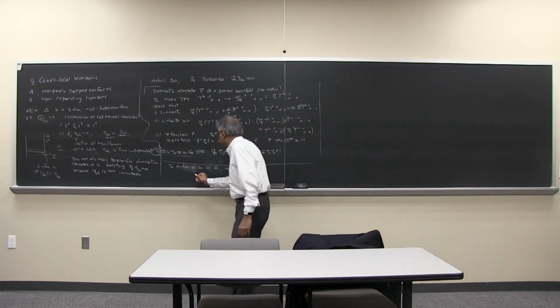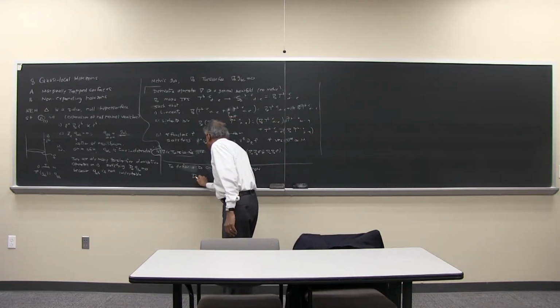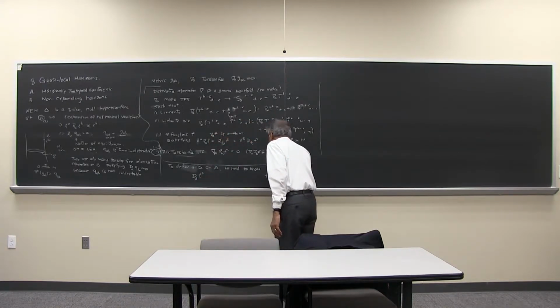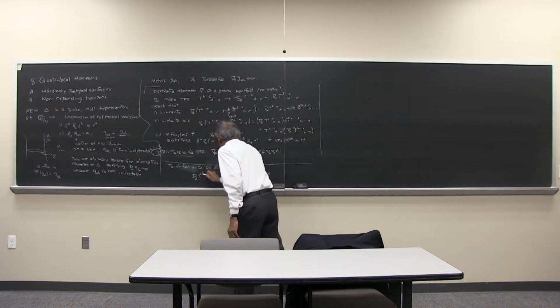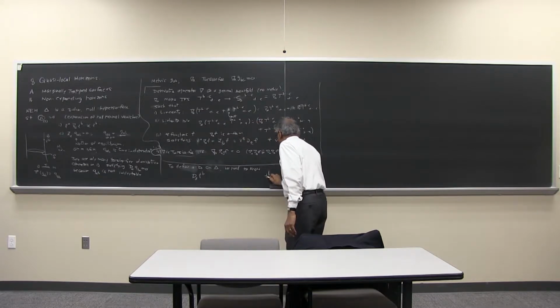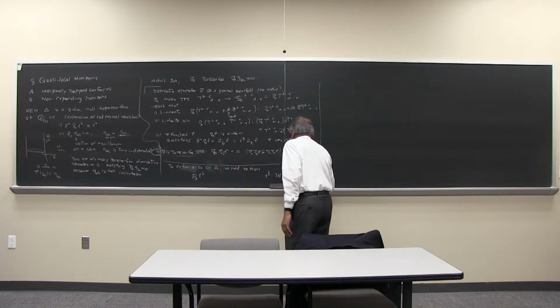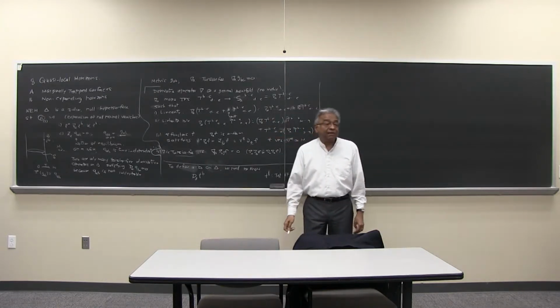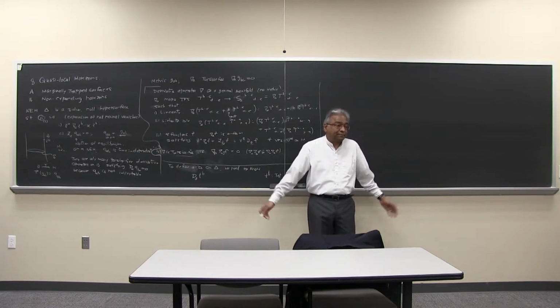Then the next thing that we need to know is how does it operate on tangent vector fields. So D_a T^b, where T^b is a tangent vector field. So what does it do to the tangent vector field to the delta? If I tell you that, then I'm done.